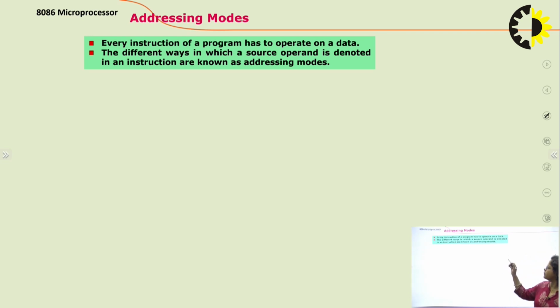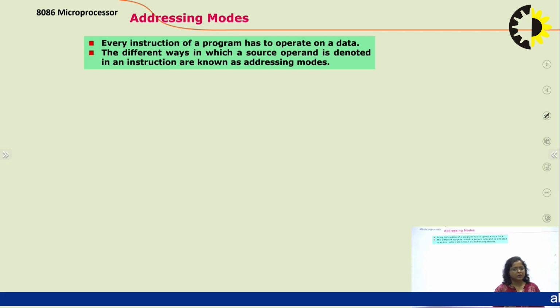So, what is an addressing mode? Every instruction in a microprocessor consists of two parts, that is opcode and operand.